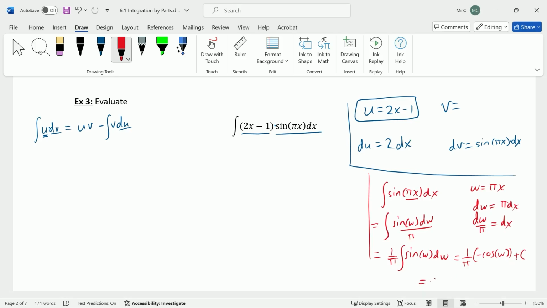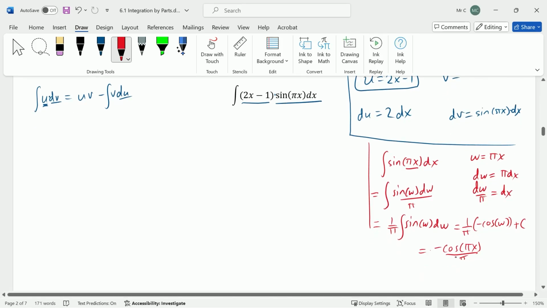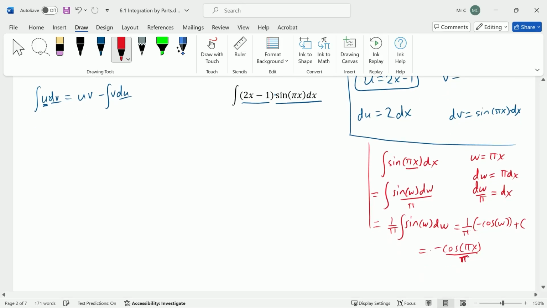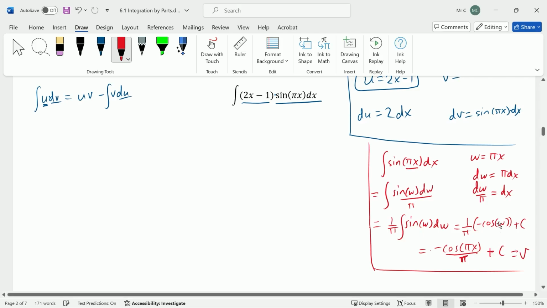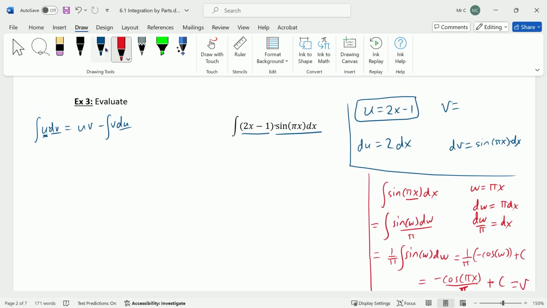And altogether this becomes negative cosine of pi x over pi plus c. So this is my v. So we'll just write that up here now. V is negative cosine of pi x over pi.